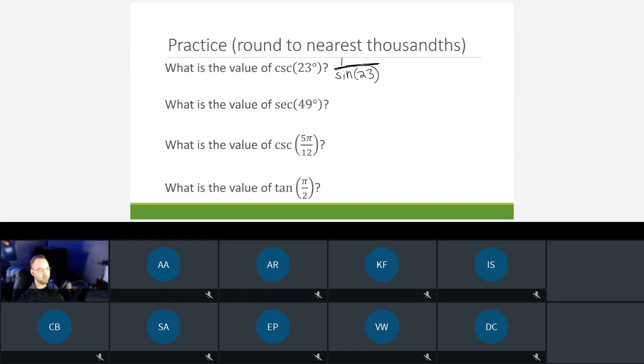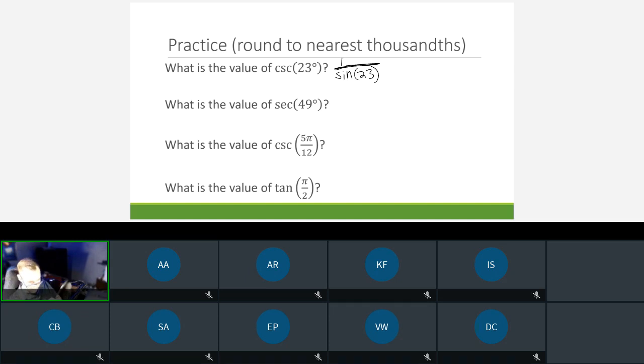Okay. And we got to make sure that we are in degree mode on your calculator. I didn't write the answers down for this, and I want to make sure that we are doing these right. Trying to find my glasses. So we got to make sure we are in degree mode. And we are doing 1 divided by the sine.